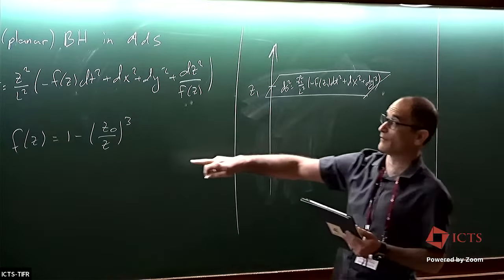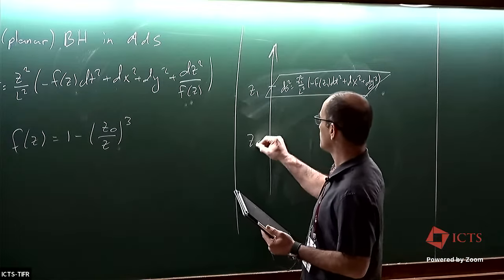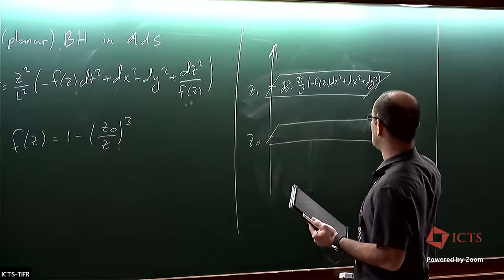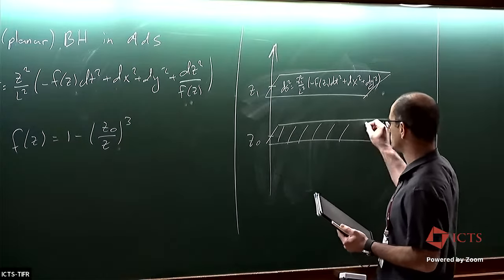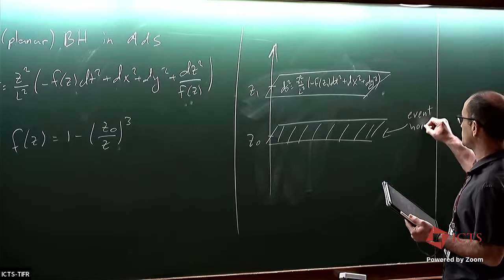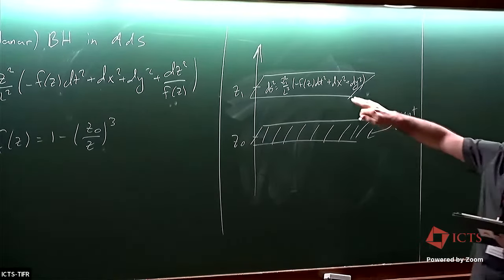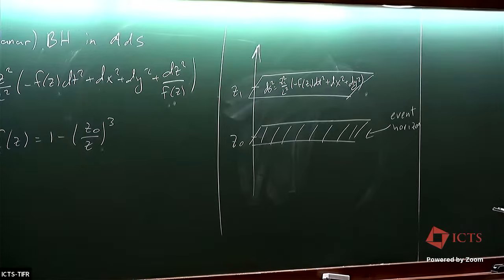But you can see that something funny is going to happen at z equals z0. Here at z equals z0, we have an event horizon, which is planar. So the event horizon is close to a Schwarzschild black hole. The event horizon here just stretches out to infinity.